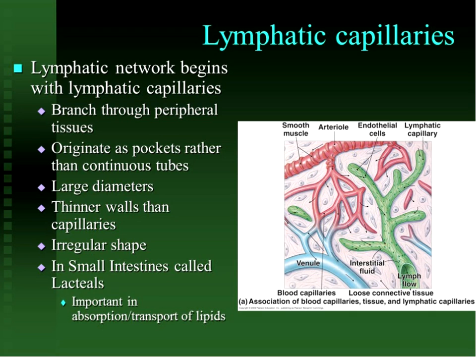Right? They have large diameters, like veins, low pressure. They can be irregularly shaped, and they get a special name when we refer to the lymphatic capillaries in our small intestines area. So if this is a picture of the small intestines, then lymphatic capillaries could be called lacteals. And they're going to play a bigger role in the small intestines with absorption of fat-based molecules. And the reason why: blood is moving through capillaries pretty quickly. Blood is water.